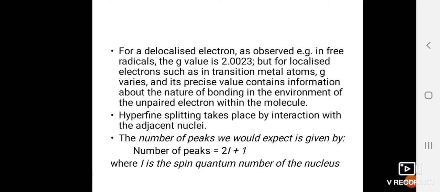So there will be shielding and deshielding taking place. This shielding effect is going to reduce the influence of the external magnetic field strength on the particular electron's magnetic field, and deshielding is going to increase the influence of the external magnetic field on the electronic magnetic field.